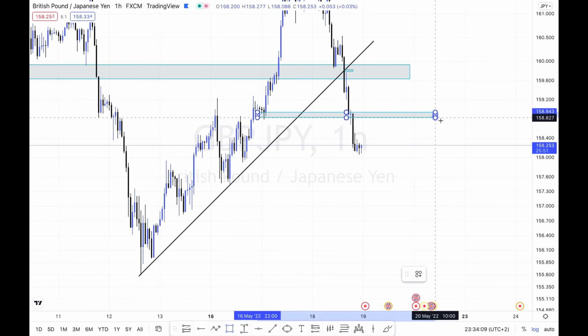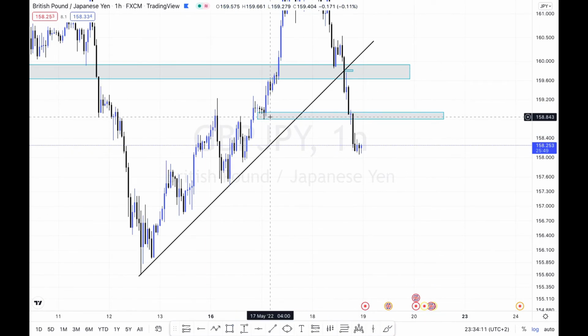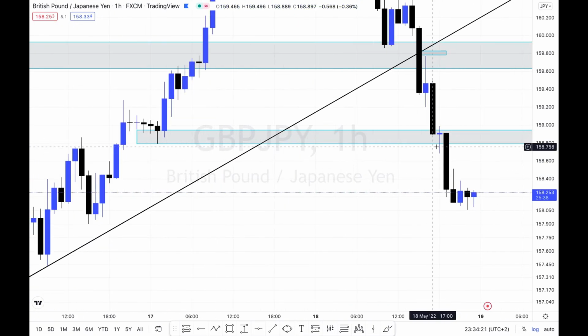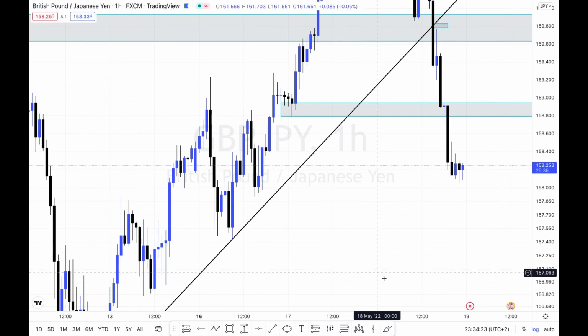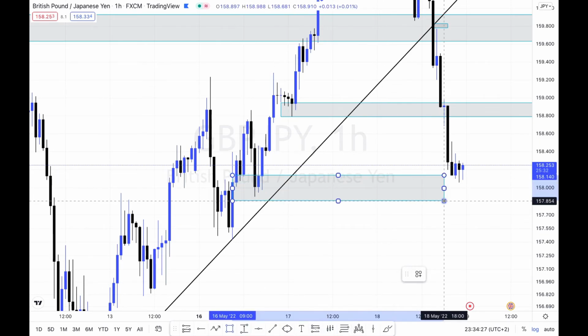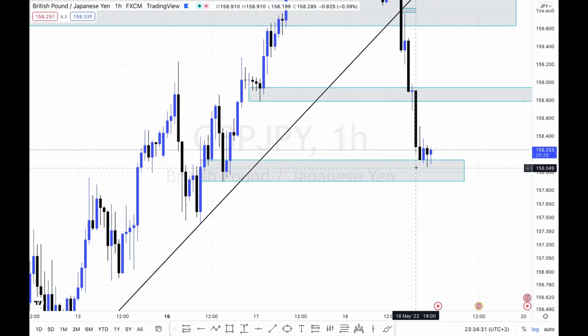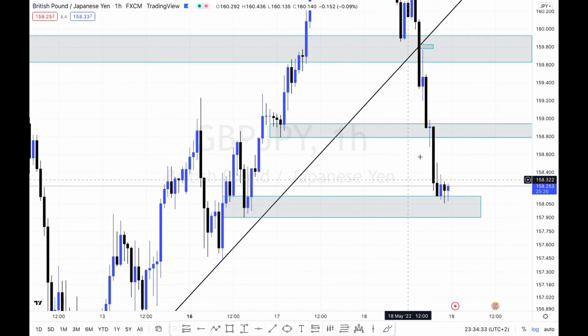For example, this is a lower high, right? As you guys can see, the moment it got into the area of the lower high, market reacted to it. You see the rejection candle, right? Another lower high, market rejecting, right?